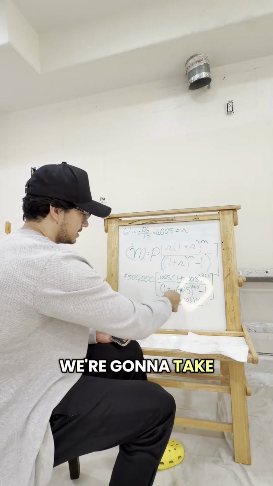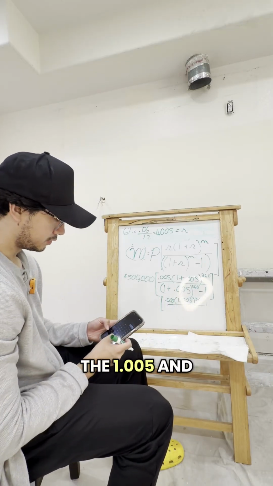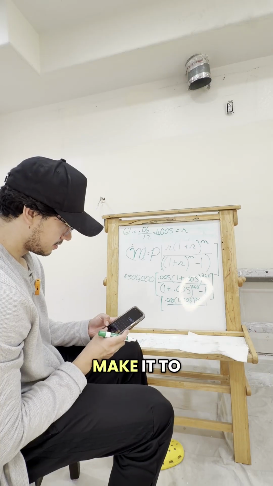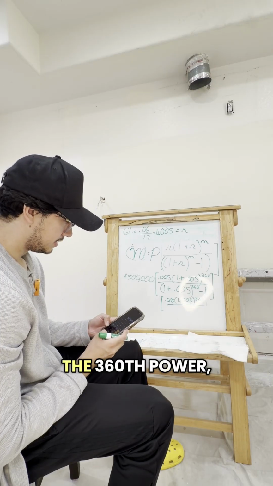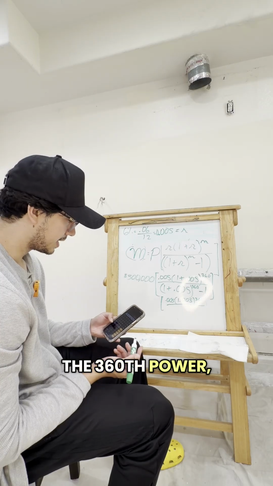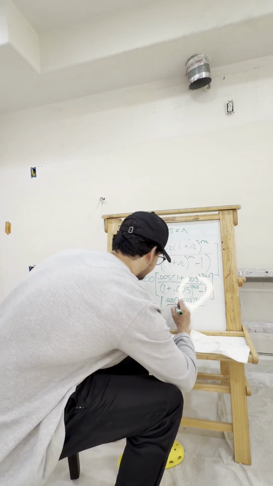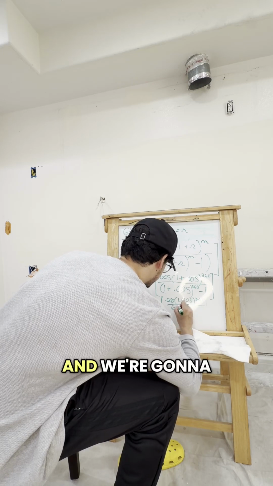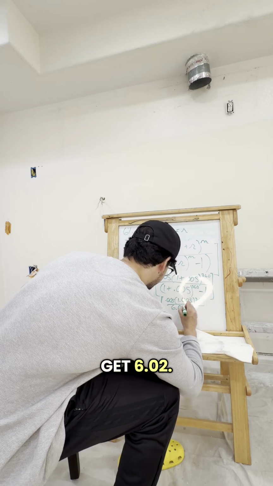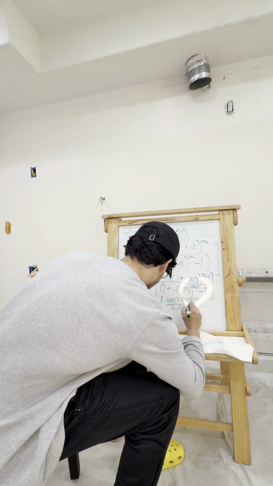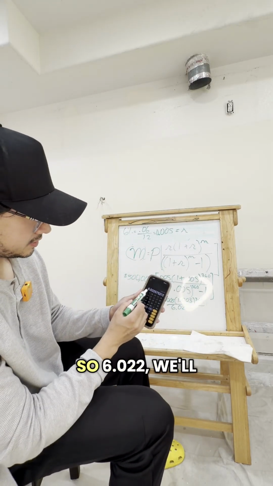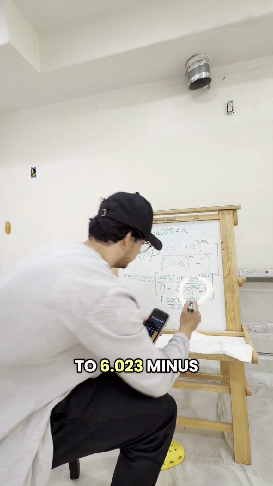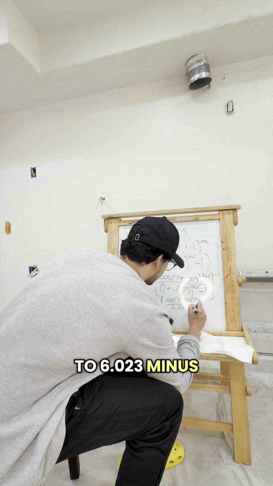So right here, we're going to take the 1.005 and raise it to the 360th power. And we're going to get 6.022, and we'll just round it to 6.023, minus 1.